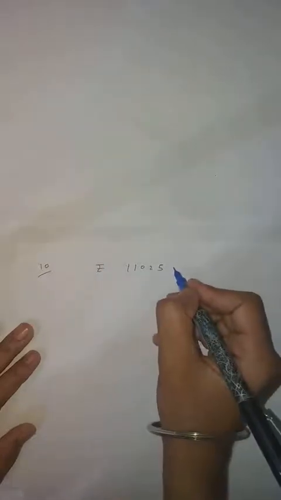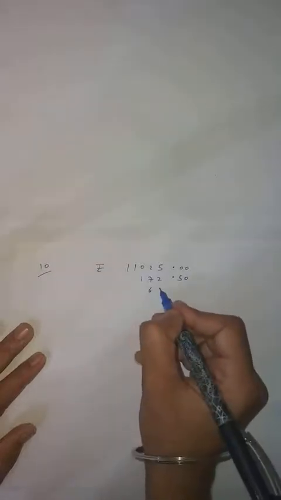Now it gives 172.50 as its cartage. So you can write down 0 0. Up next is given 172.50 as its cartage. Now and spent 64.80 on its repair. So 64.80 on its repair. So you have to find out total cost.